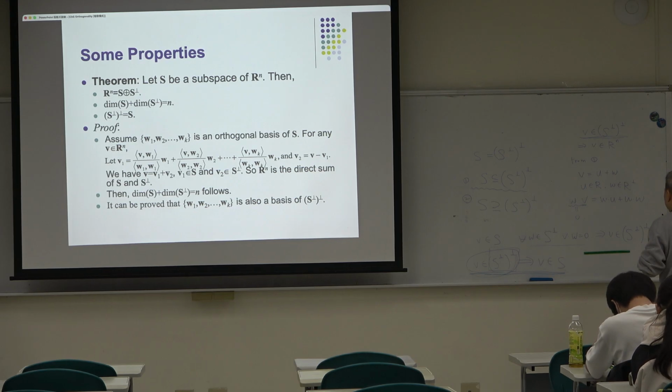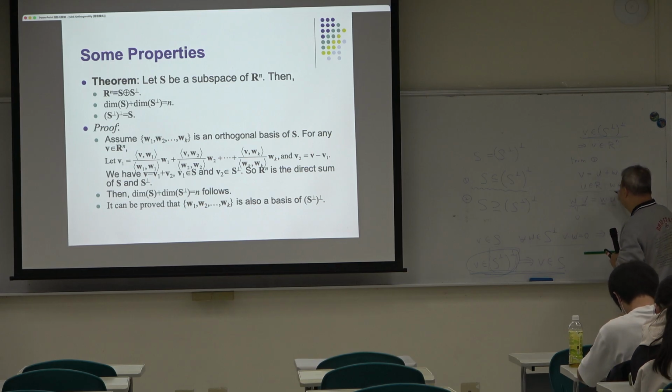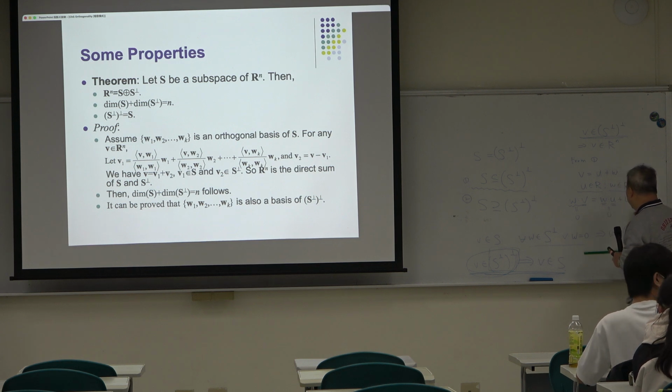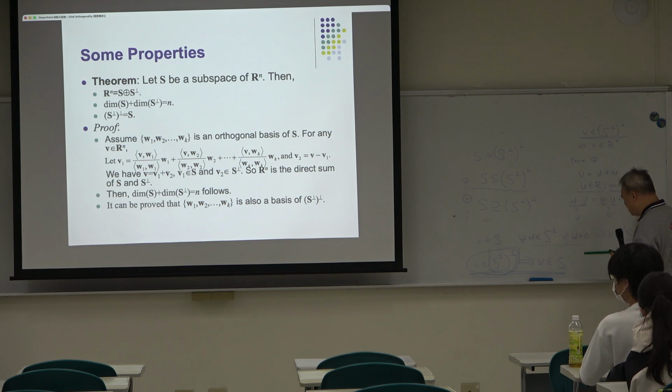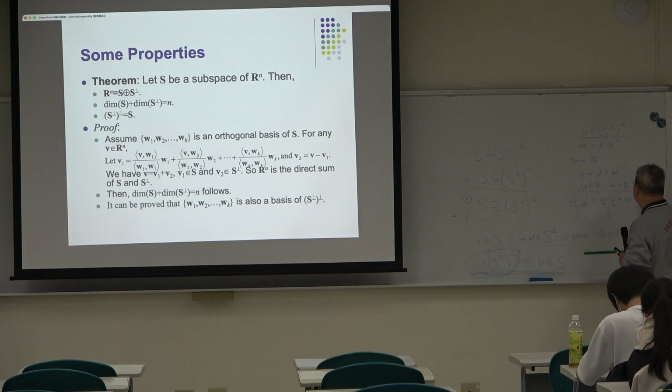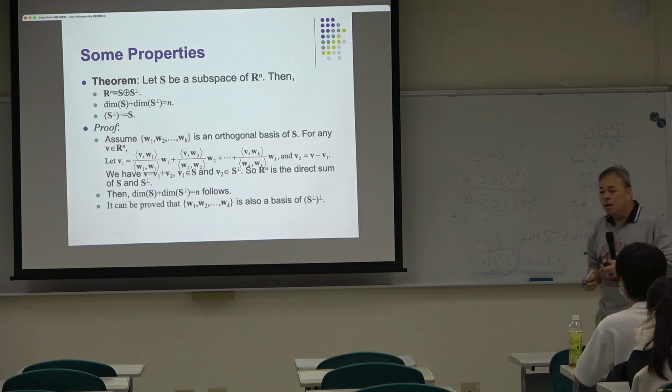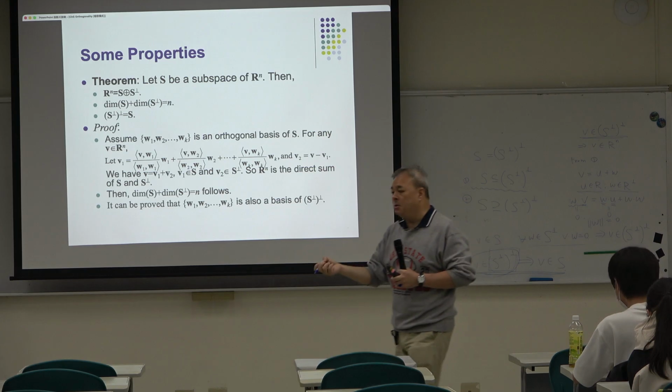And also, W and U: this W is in S orthogonal, this U is in S. So this inner product is also zero. What it tells us is that W dot W, or the norm of W, is zero. So it means W is a zero vector.